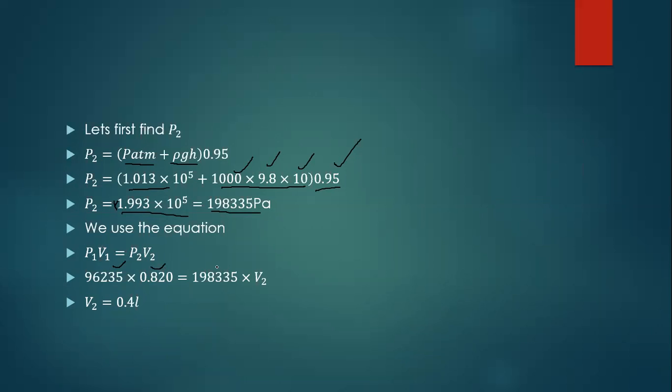And P2 we have just from calculating it. V2 is what we don't know. Using just math, we can find V2 as 0.4 liters. This is the volume at the depth of 10 meters.